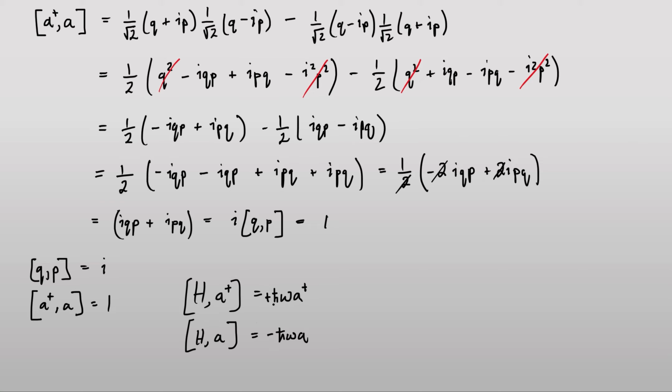And we have this increase by a factor of h bar omega and a decrease by a factor of h bar omega when we apply A plus or A dagger to our Hamiltonian, right? We get an increase here in our quanta. All right, and so with that, I will see you guys in the next one.